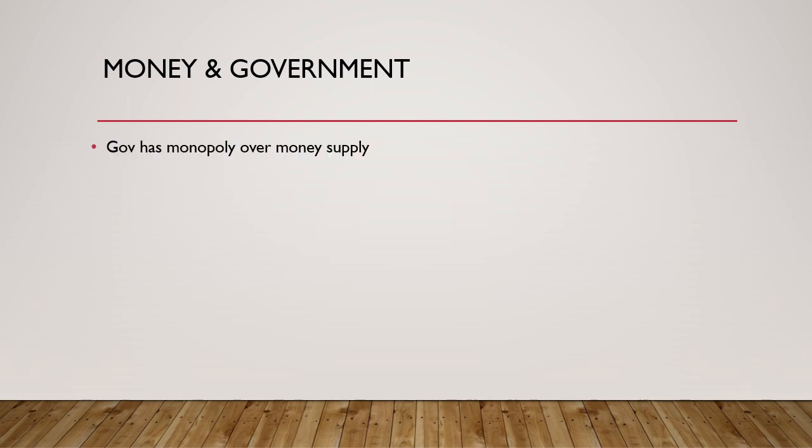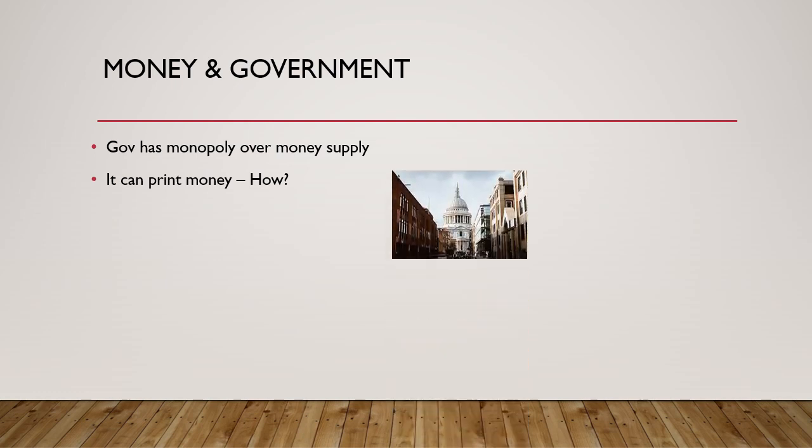We have touched briefly on this: in this system, the government has a monopoly over the money supply. It can simply print the money. How can it do that? Well, the government can run a fiscal deficit, which is the excess of expenditure over the revenue the government receives, and can issue debt.